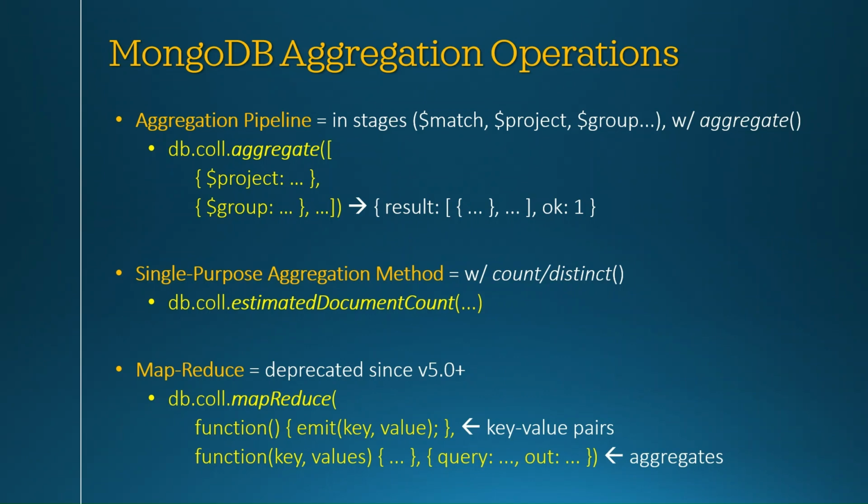Let's continue here. I already told you about the count, and you have also estimated document count. MapReduce, you can see here, was their initial way of dealing with aggregations, and a lot of vendors came up initially with MapReduce, even in Spark and so on. Why this? Because this is what they had in Hadoop.